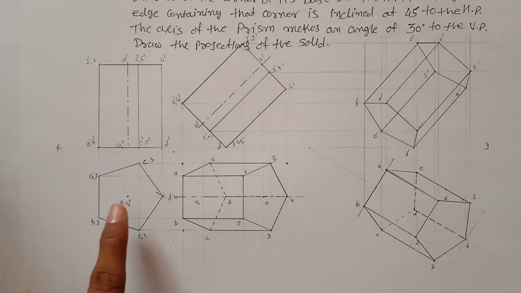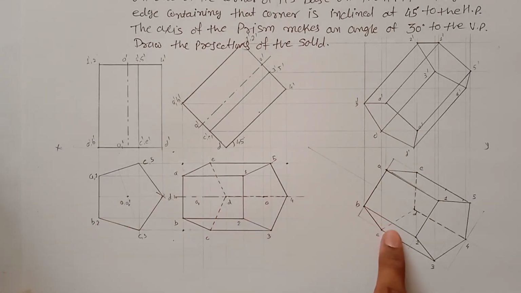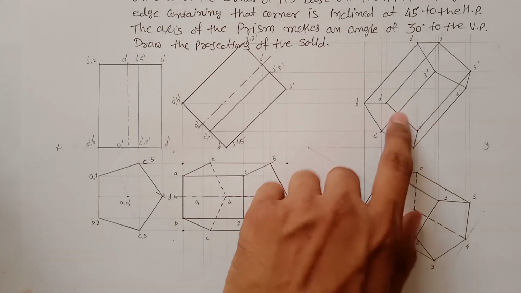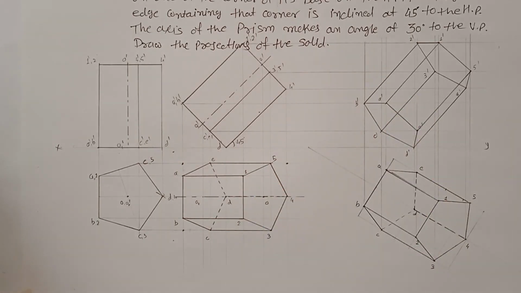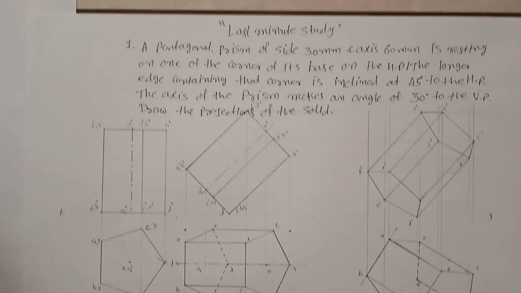So this is the initial position, intermediate position, and final position. In this you have to draw the hidden lines. Okay, so this is the first problem of projection of solid.